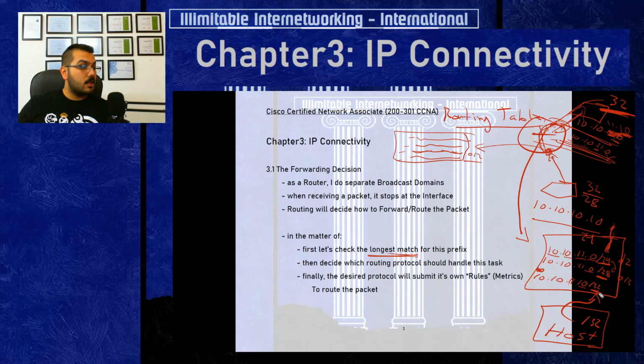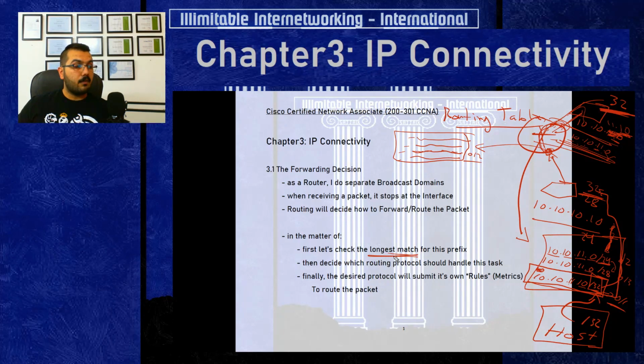This one matches the entire 32 bits that I am requiring to reach. So the router will take this installed route in the routing table and use its next hop, which is maybe 0/1, to route the packet to the specific destination.